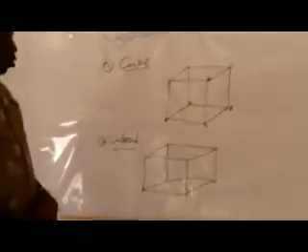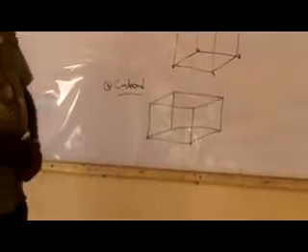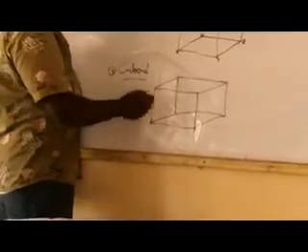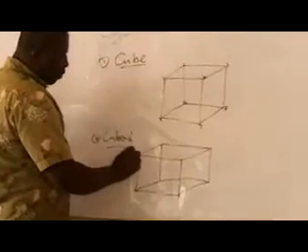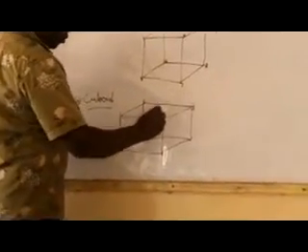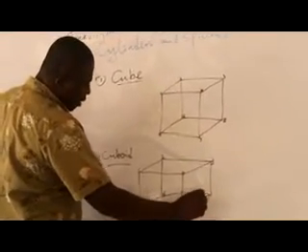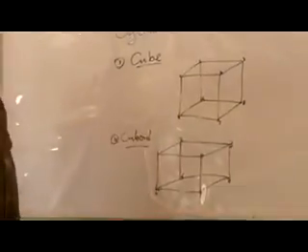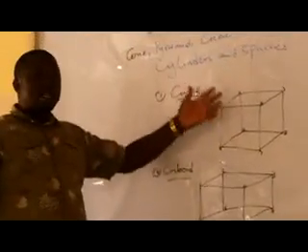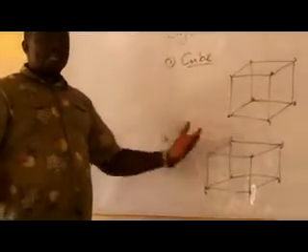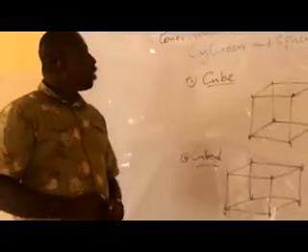Each of the faces constitutes a rectangle, while in the cube, each of the faces constitutes a square. A cuboid also has 8 vertices: 1, 2, 3, 4, 5, 6, 7, and 8. It has also 6 sides, but this one has 6 rectangular sides, while the cube has 6 square flat sides. So this is how a cube and a cuboid look like.